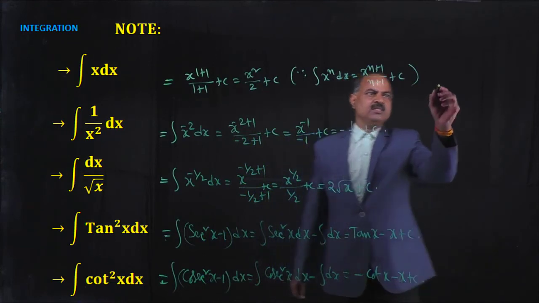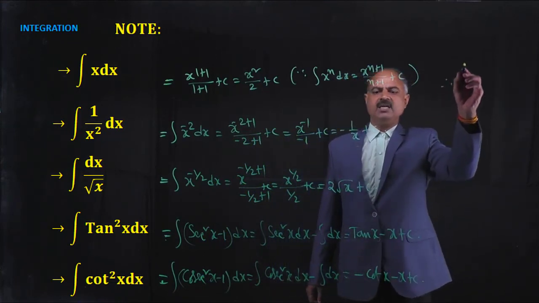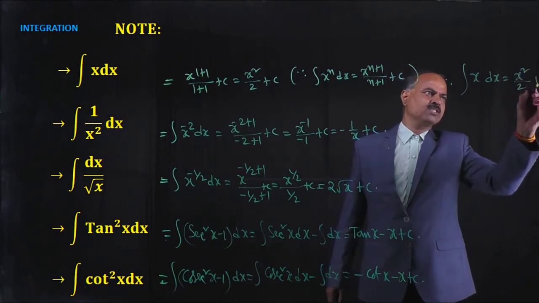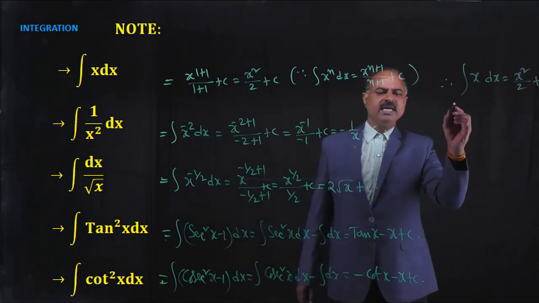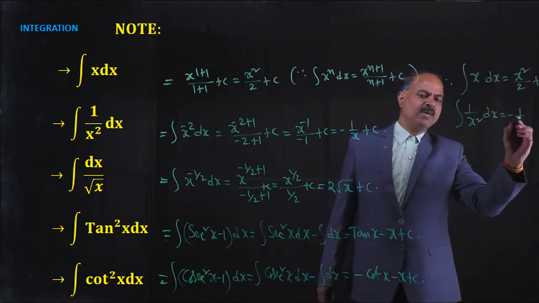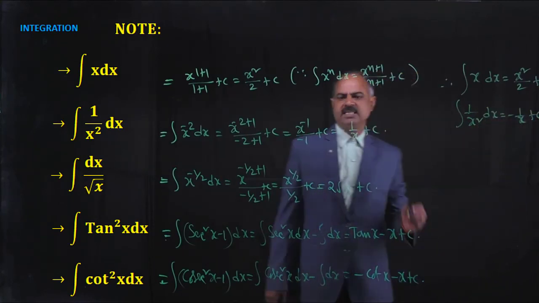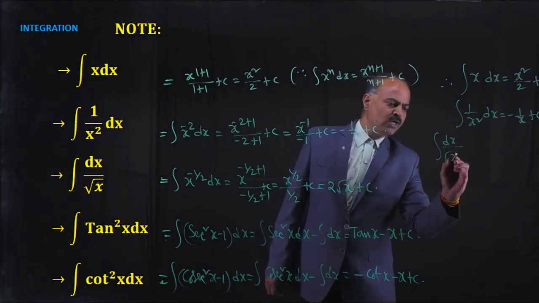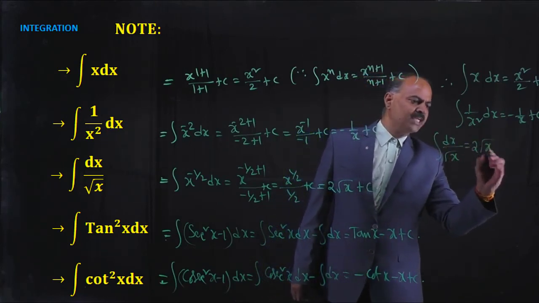So here, therefore integral x dx equal to x square by 2 plus a. Integral 1 by x square dx equal to minus 1 by x plus a. Integral dx by root x equal to 2 root x plus a.